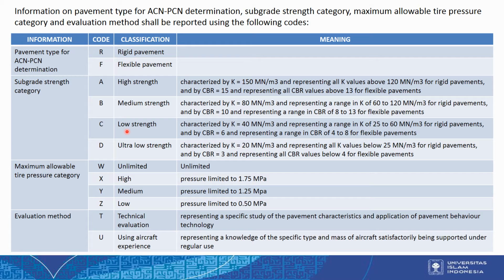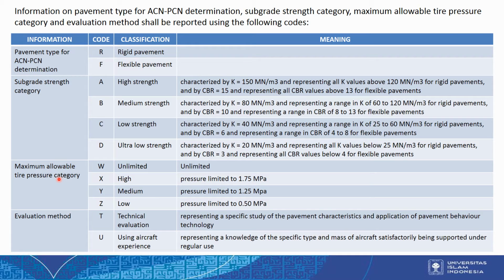And the code C stands for the low strength, with its own range of K for rigid pavement and range of CBR for flexible pavement. And code D stands for the ultra low strength, that is all K values below 25 meganewton per cubic meter for rigid pavement, and CBR values below 4 for flexible pavement.